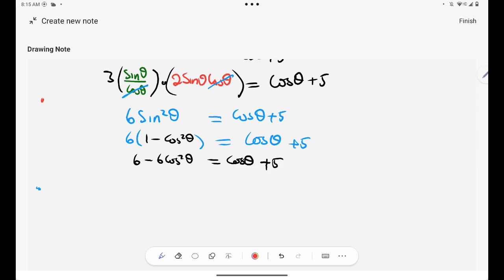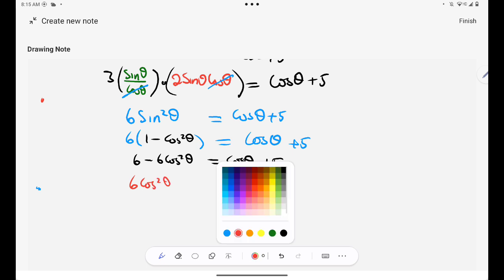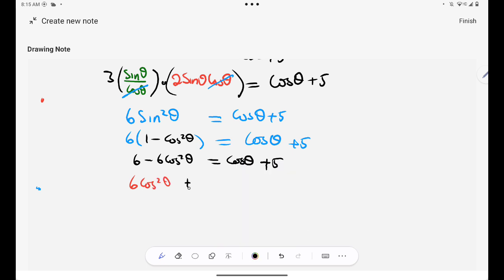The ones that I'll take to the right hand side, I'll write them in red, and they will change their signs. So I'll have a positive 6 cos squared theta plus cos theta plus 5, and then I'll have a negative 6.